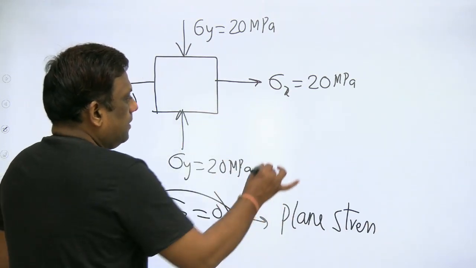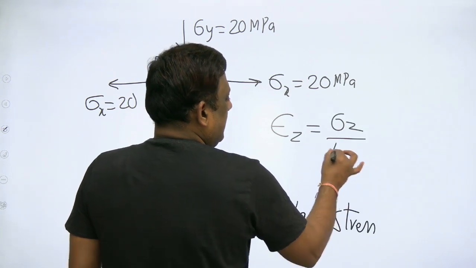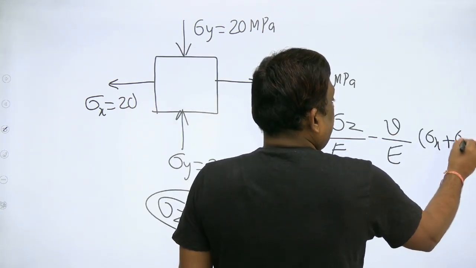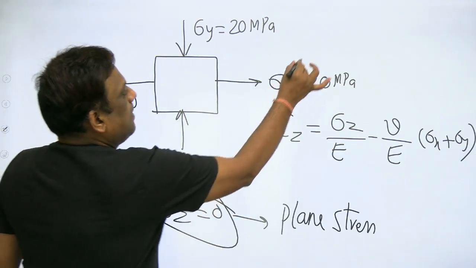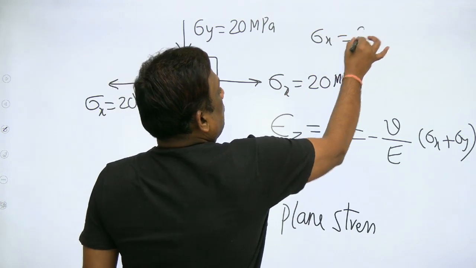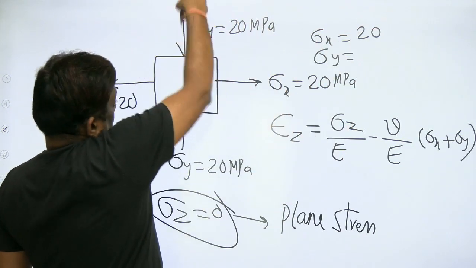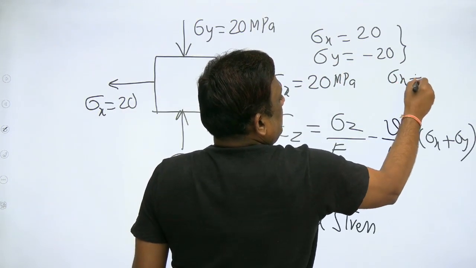Now can we write epsilon z as sigma z by E minus nu by E into sigma x plus sigma y? Yes, you can write, no problem. Look once, what is sigma x? Plus 20, because it is tensile. What is sigma y? It is compressive, therefore minus 20. Now can you tell me what is sigma x plus sigma y?